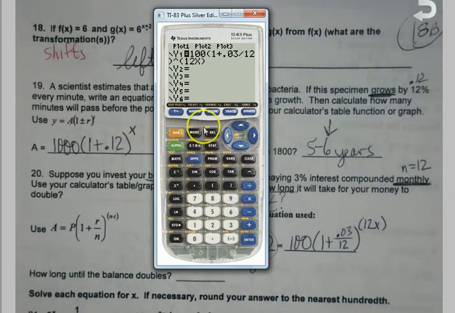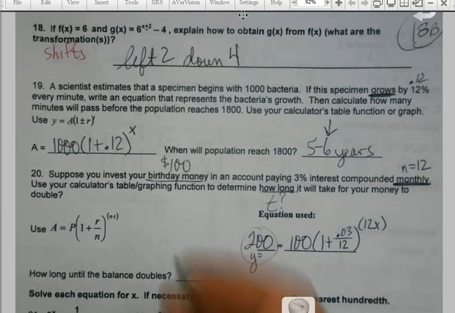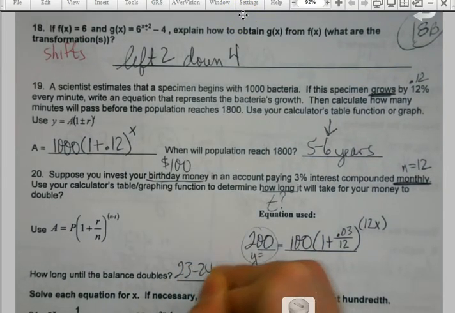What's inside the parentheses is not a big deal, but getting those for my exponent, very big deal. And we just start scrolling down until we hit the magical, in my case, 200. So it looks like it's going to take somewhere between 23 and 24 years. And again, if you're going to go with only 1 year, always go with the bigger one.